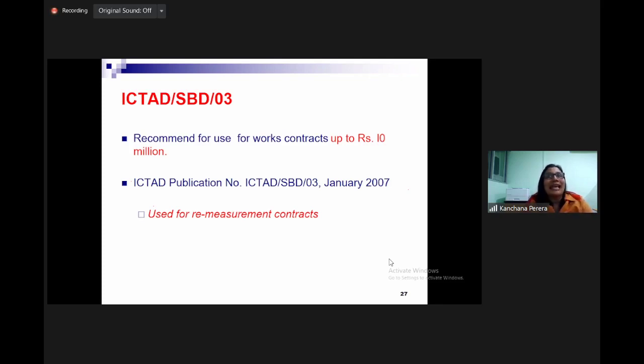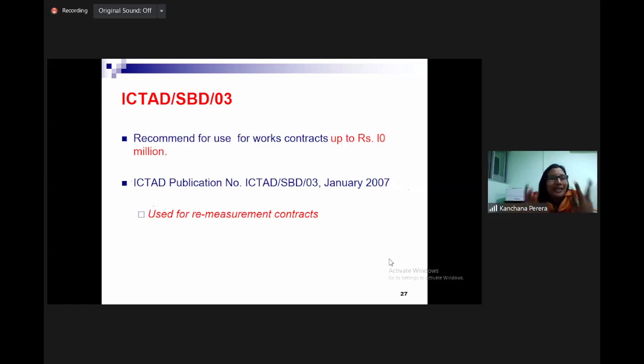What we do is, first we go and meet the client, the designers or the consultant. Then they get the client's requirement and design the building, do the drawings. Then quantity surveyors will prepare the contract document, BOQ, and the other tender documents.